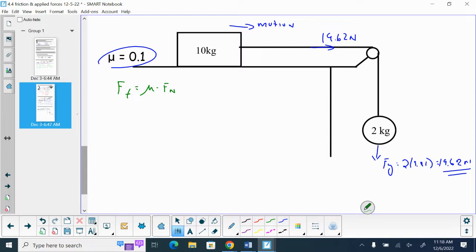So we have to calculate our force normal. We have force of gravity, its weight is 98.1 newtons.